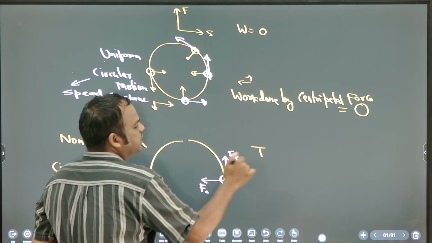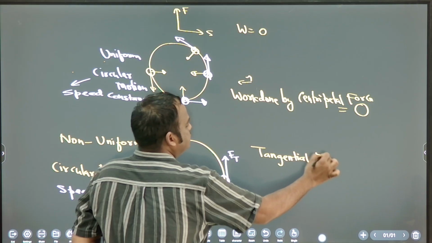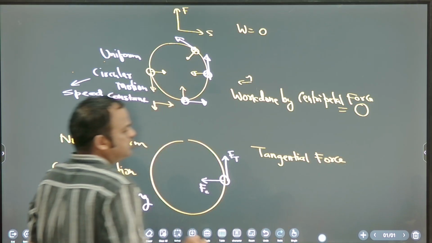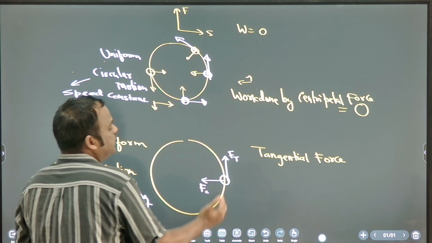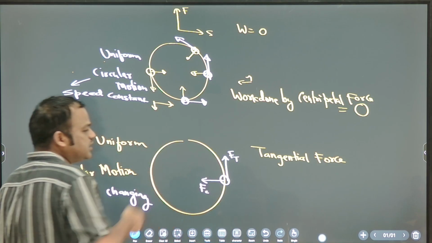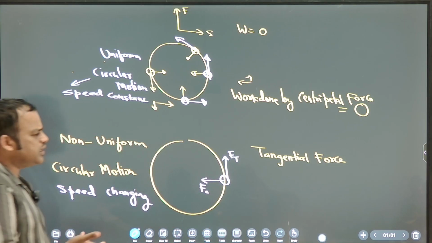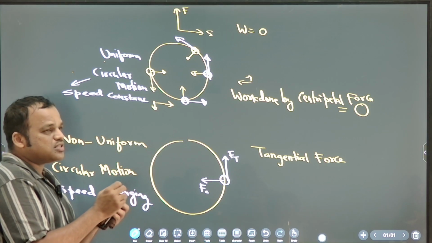This is tangential force. The force along tangent is tangential. Force towards center is centripetal. The name is given based on how they are.